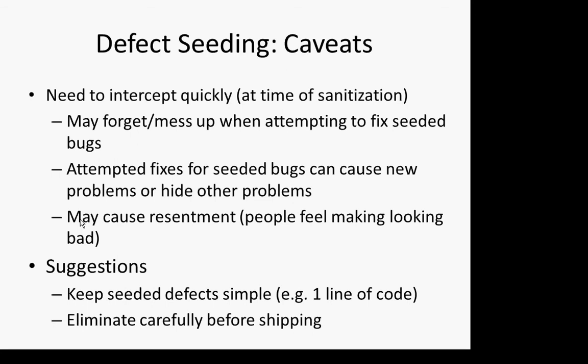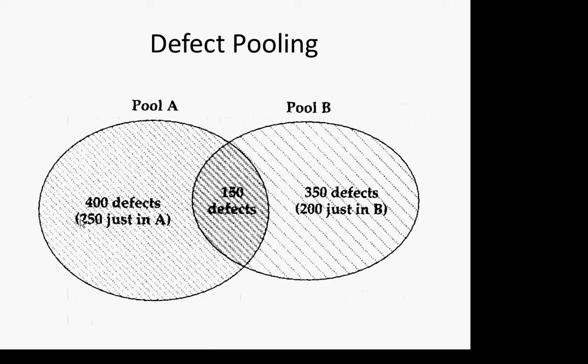I stayed up till midnight last night trying to find this bug that you stuck in. Are you trying to save this project, or are you trying to kill it? That can cause resentment sometimes. Attempted fixes can cause new problems, and sometimes people don't fix them properly. You go to remove them, and it's not so clear. That code is moved somewhere else, and you end up making a mistake. So you have to be careful about that.